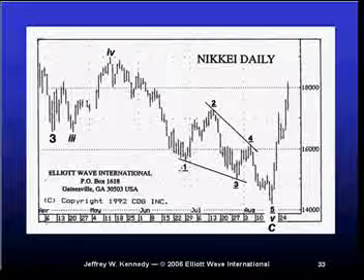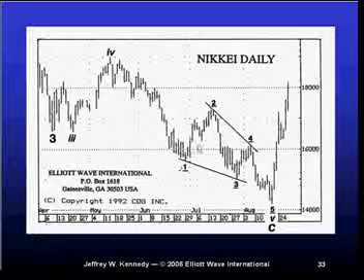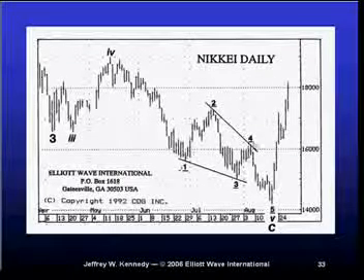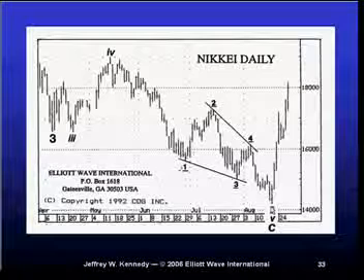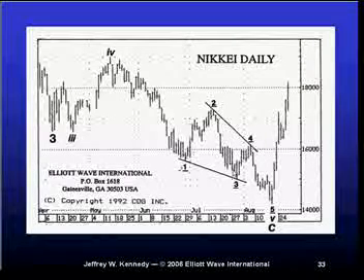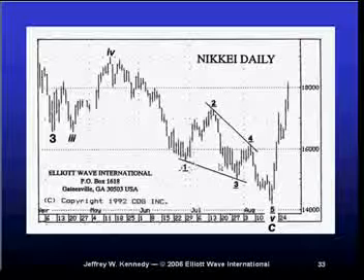Okay, here's the Nikkei. Here's another diagonal triangle. 1, 2, 3, 4, 5. The trademark converging trend lines. Wave 3 is shorter than wave 1, which means that wave 5 must be shorter than wave 3. In this case, it most certainly is.